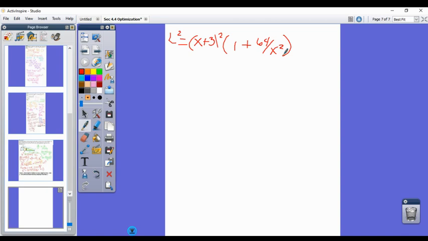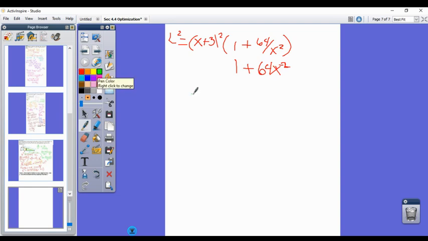We're going to need to do the product rule here, and I'm also going to have to do the chain rule for the x plus 3 portion. One thing I want to do first is change this to say 1 plus 64 x to the negative 2. Chloe, I need you to not stand on the thing. That way it's a little easier for me to do the derivative.